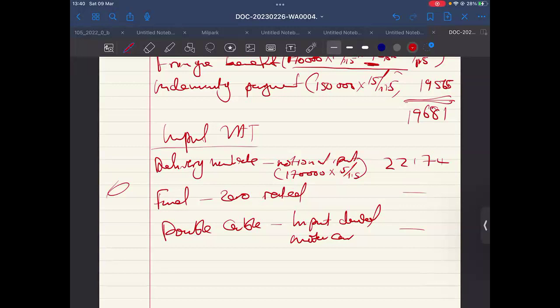motor car. Where is that one? It's on input VAT. Right, the class is going to be long. It's not going to be 1 hour 30 minutes. All right, so input denied.